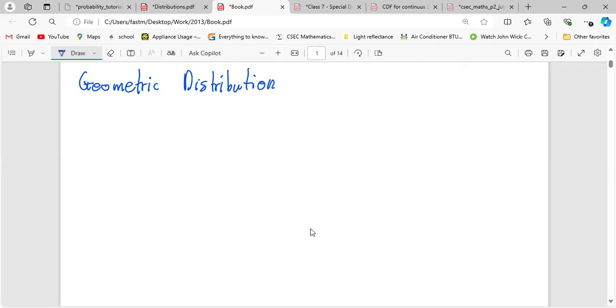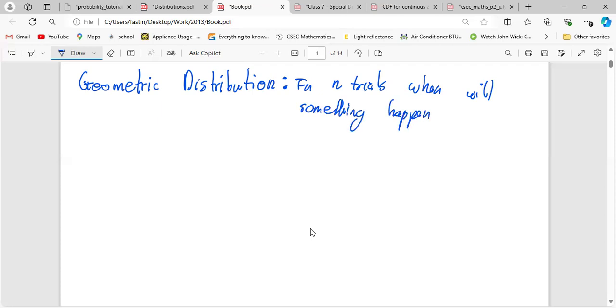All right, so geometric distributions. The wording in the question is that they want to know, in n trials, when something will happen first. First thing, the PDF.